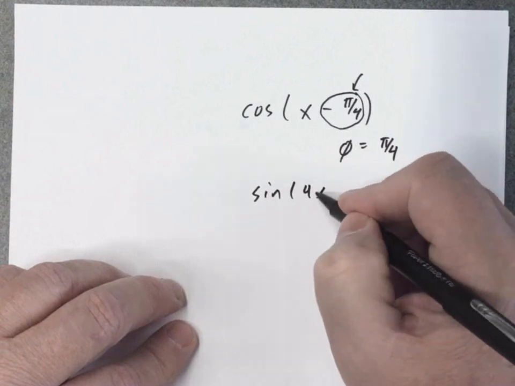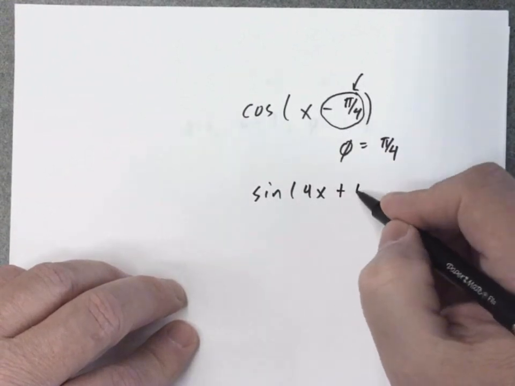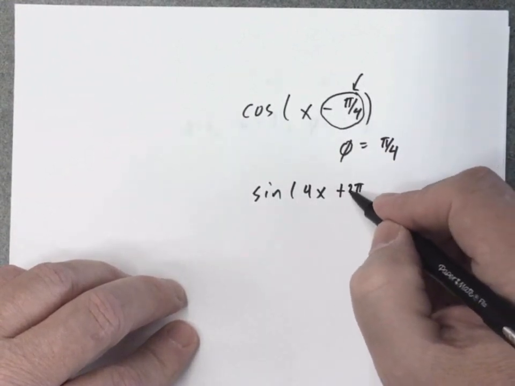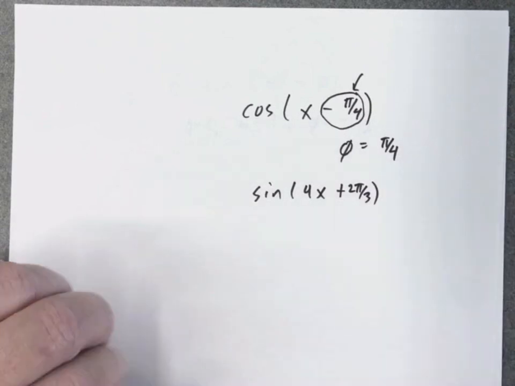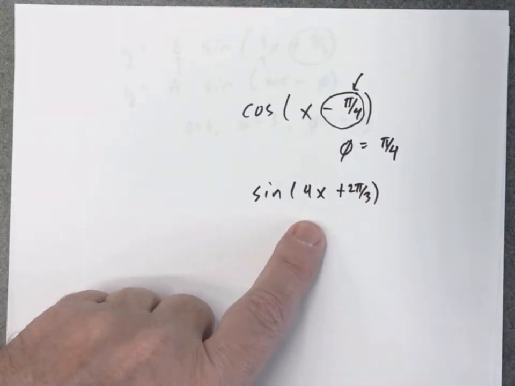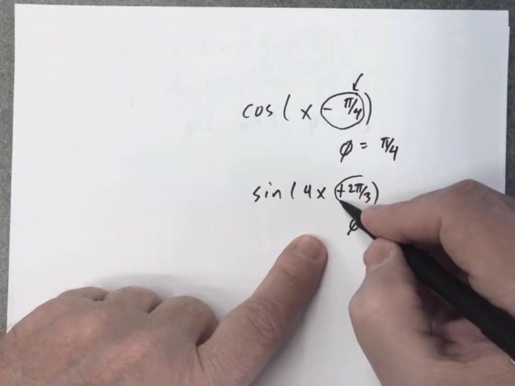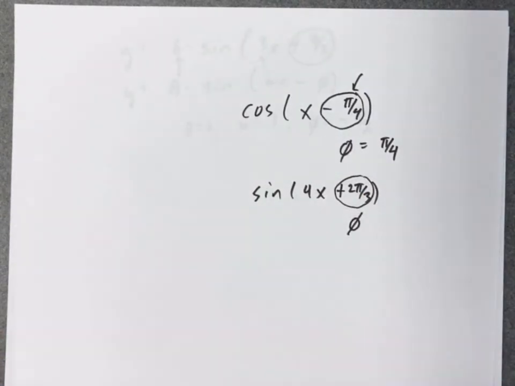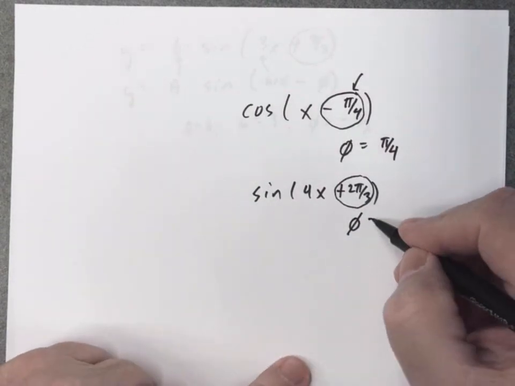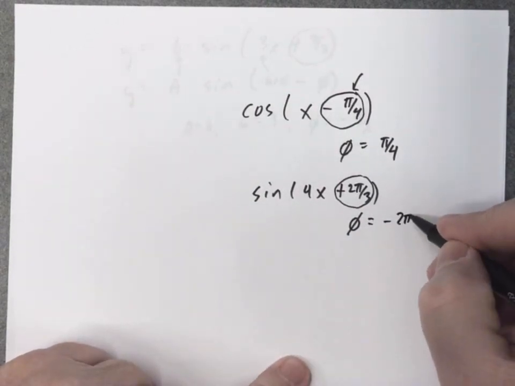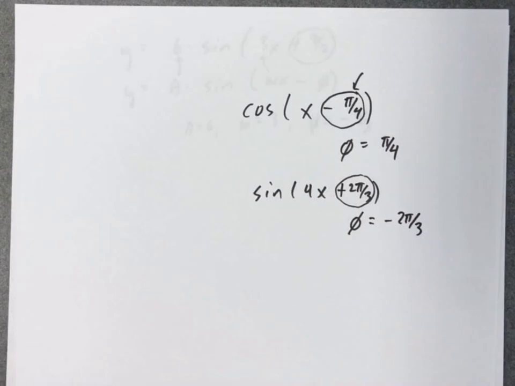So let me do one more. If you have sine of 4x plus 2 pi over 3, and I want to know what phi is. So I'm starting out, I have a positive 2 pi over 3. When I define my phi, then the sign always has to change.